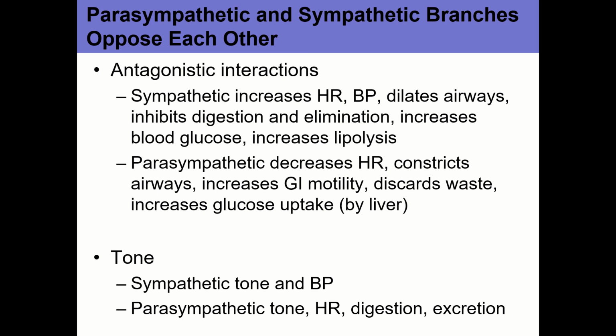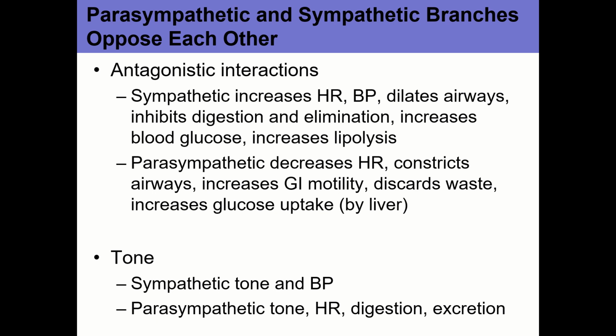A couple other things. Sympathetic tone. As mentioned earlier, the sympathetic side is most responsible for maintaining blood pressure, in part because, again, it exerts influence over the chambers of the heart and can make the muscle directly contract more strongly or not. But also, the sympathetic branch directly innervates almost all blood vessels.